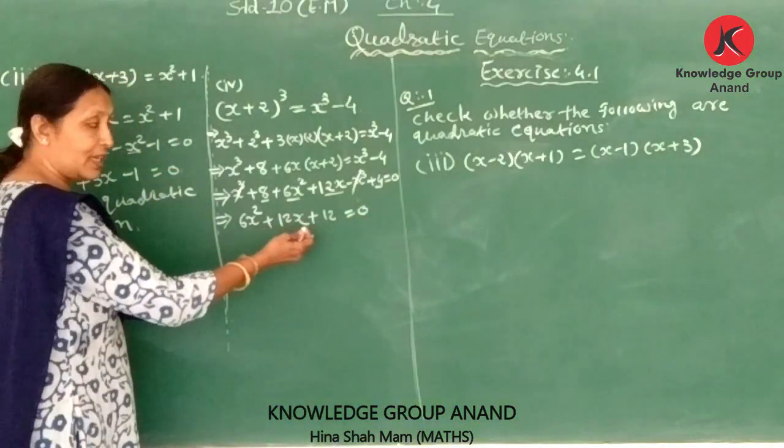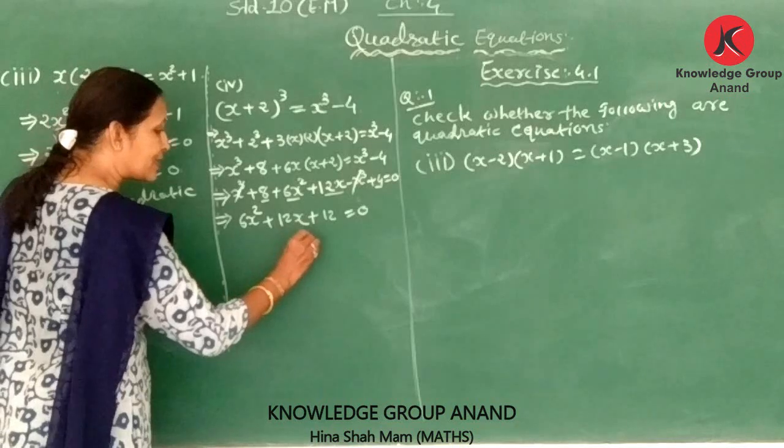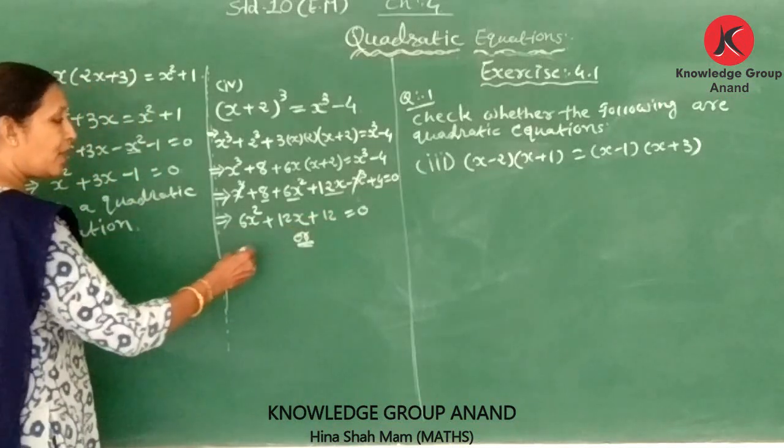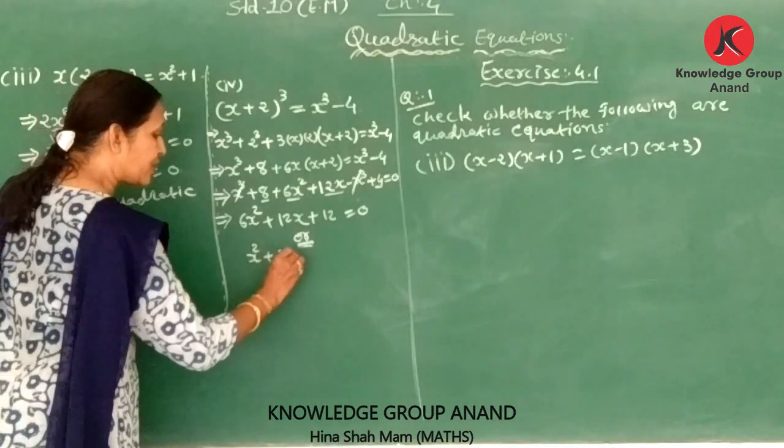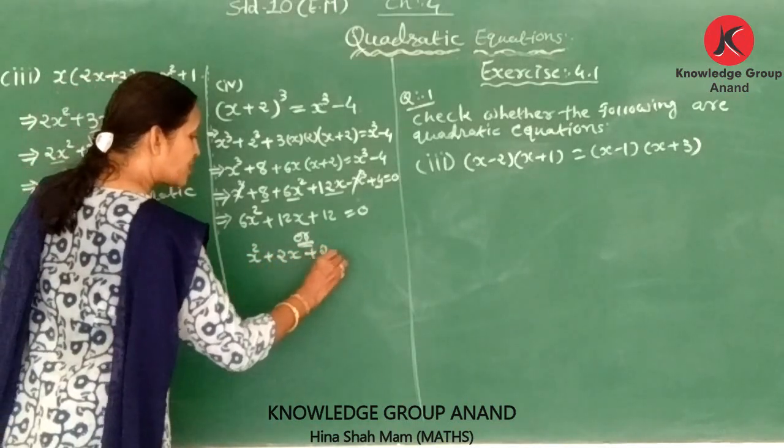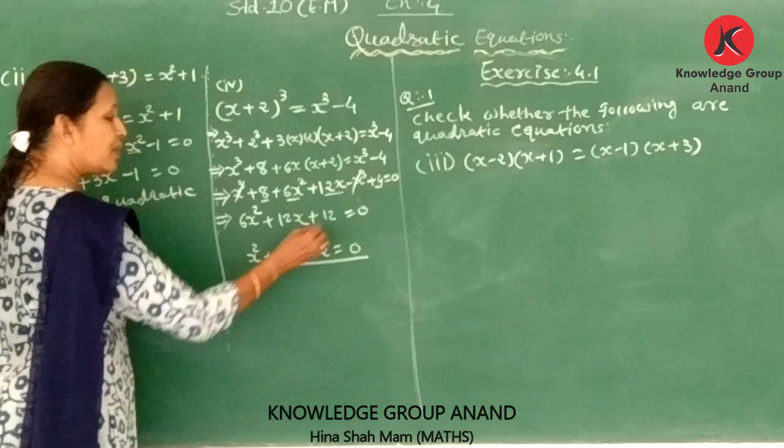It is a quadratic equation, or it can be written by dividing all terms by 6: x square plus 2x plus 2 is equal to 0.